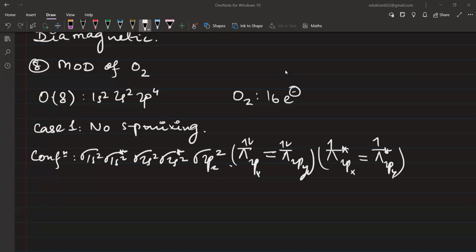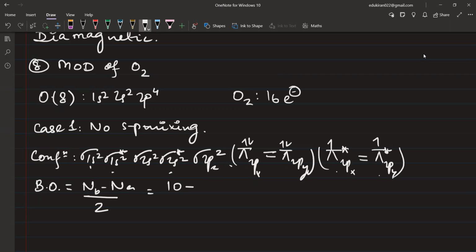Now, bond order. This will be equal to 10 minus how much? Anti-bonding is 2, 4, 5, and 6, right?